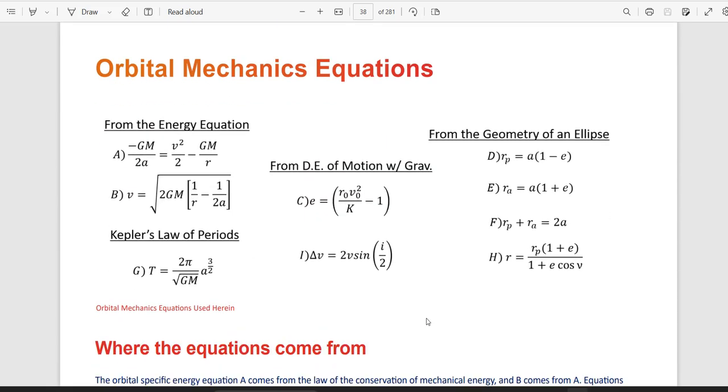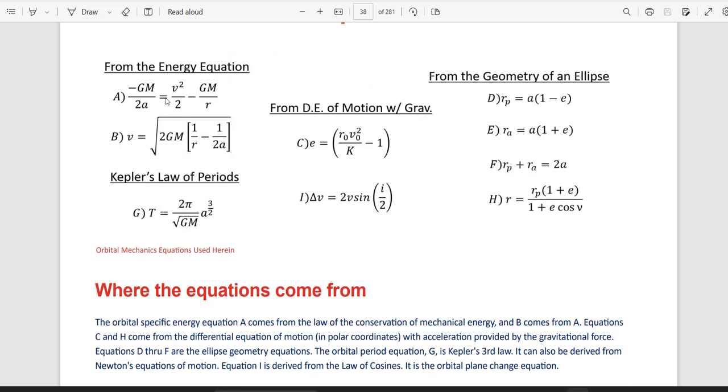Okay, next are the most important equations we'll use in flying missions to the moon and orbits around the Earth. Okay, so A comes from the law of conservation of mechanical energy. B comes from A. So this is just this equation derived for velocity.